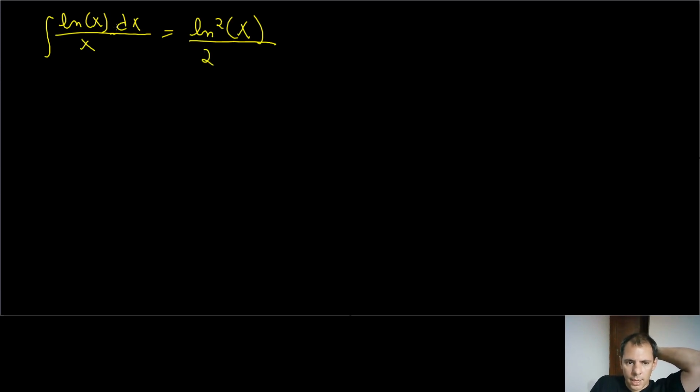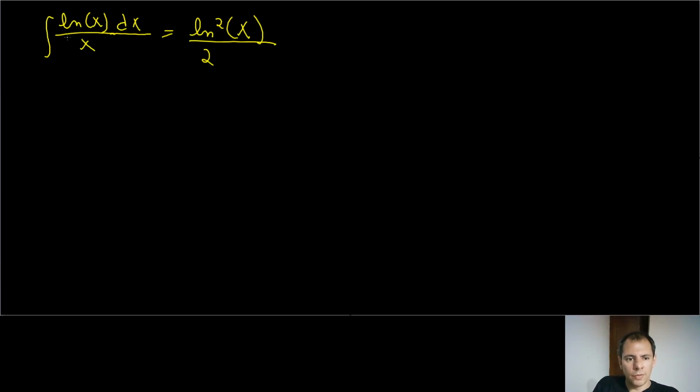Because ln to the power of 1, this 1 in here is the outer function. I know that it's not even there, but that's the outer function. So it's ln squared of x divided by 2, because you have to divide by 2.